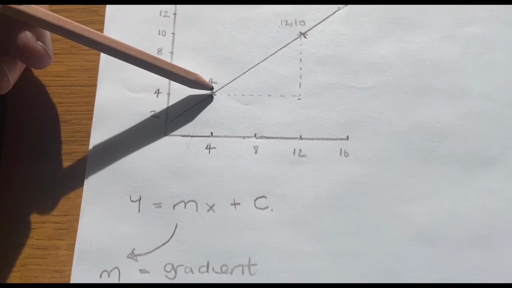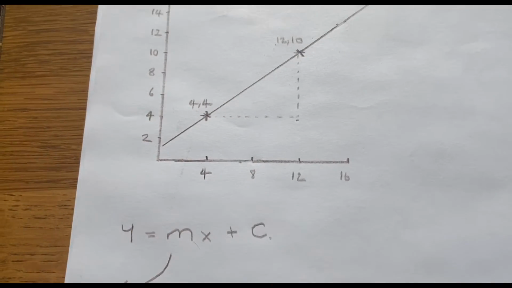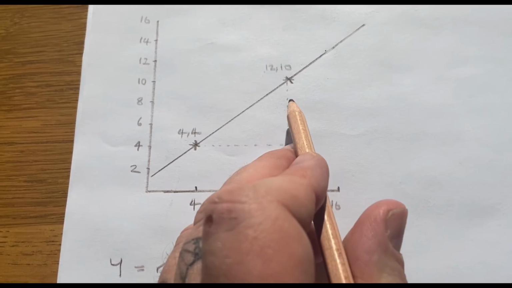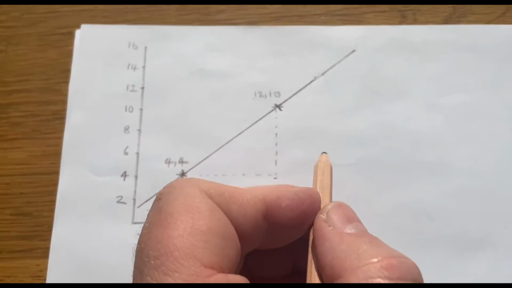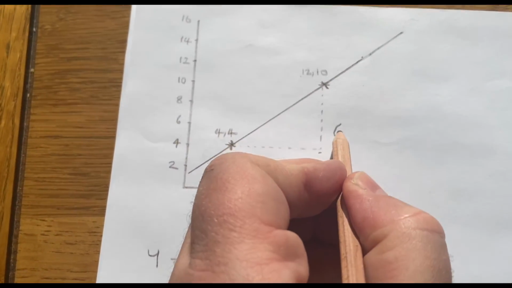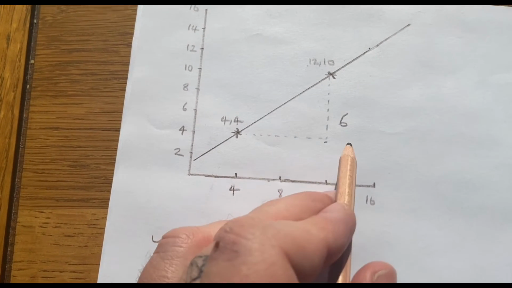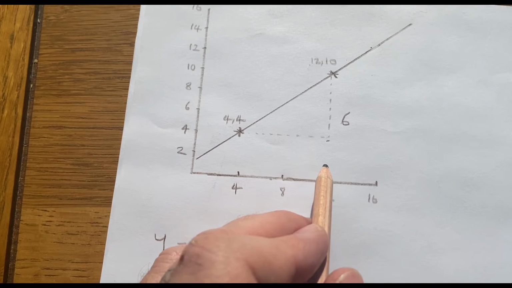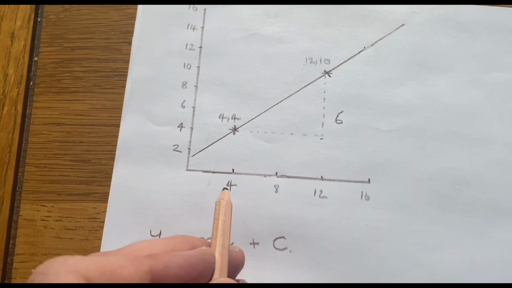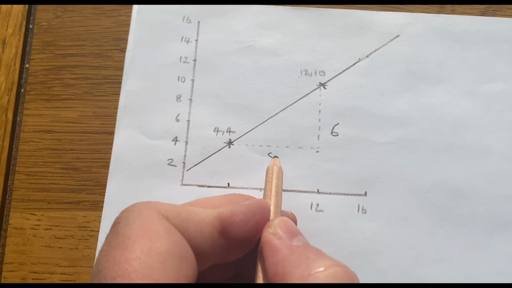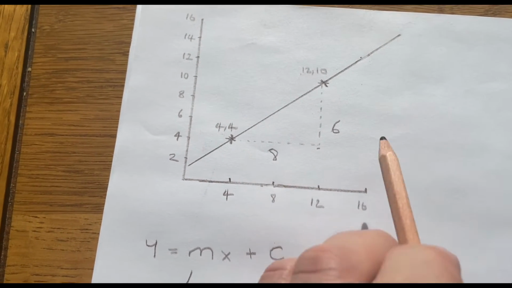So therefore the overall movement on this graph has increased from 4 to 10, so the movement is 10 subtract 4 is 6, and the rate of increase is 6, over a period of 12 subtract 4, therefore a movement of 8.